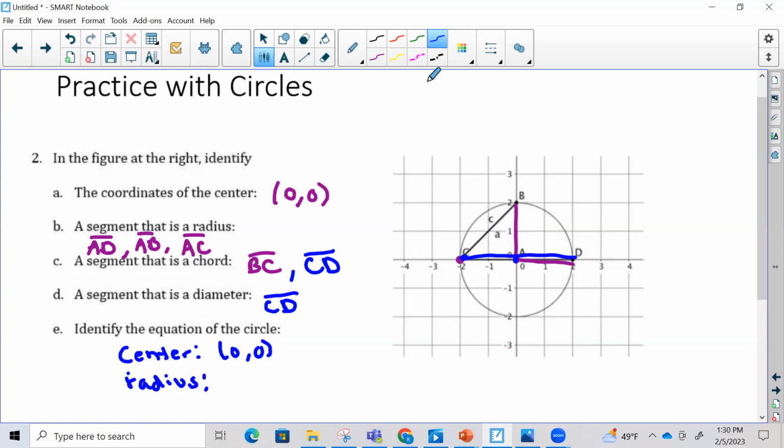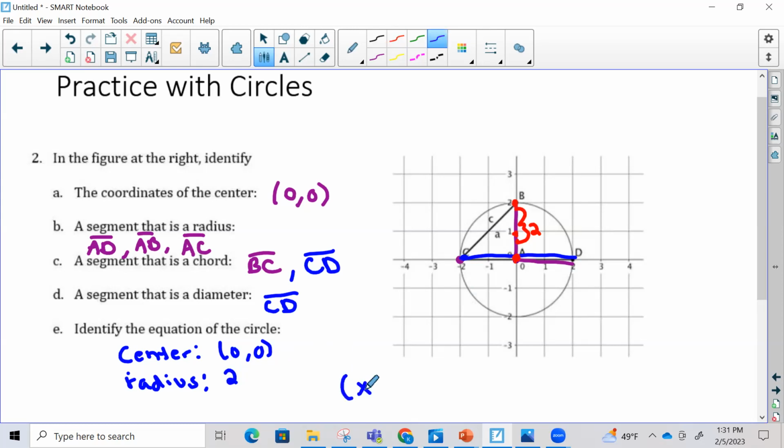Because it's on a graph, we can count it. I can pick any of the radii, AD, AB, or AC, to count. Let's say I do AB. If I count from here to here, which is 1, and then from here to here, which is 2, the length of this segment is 2. So the length of the radius is 2.